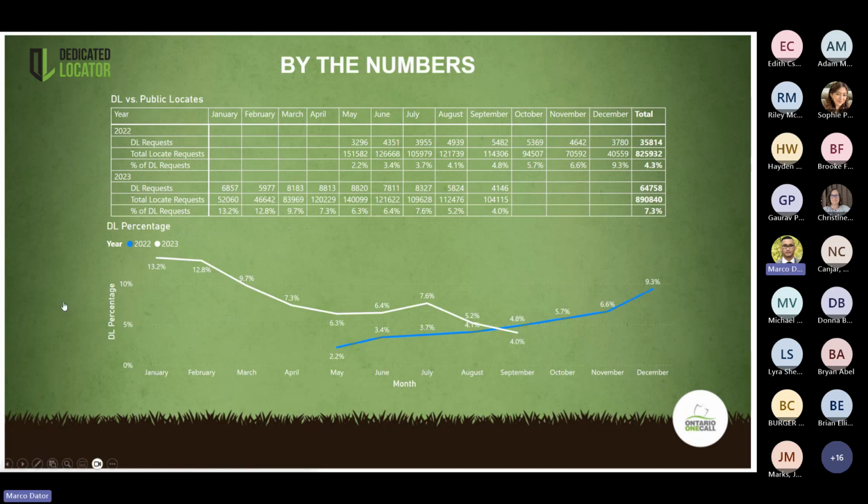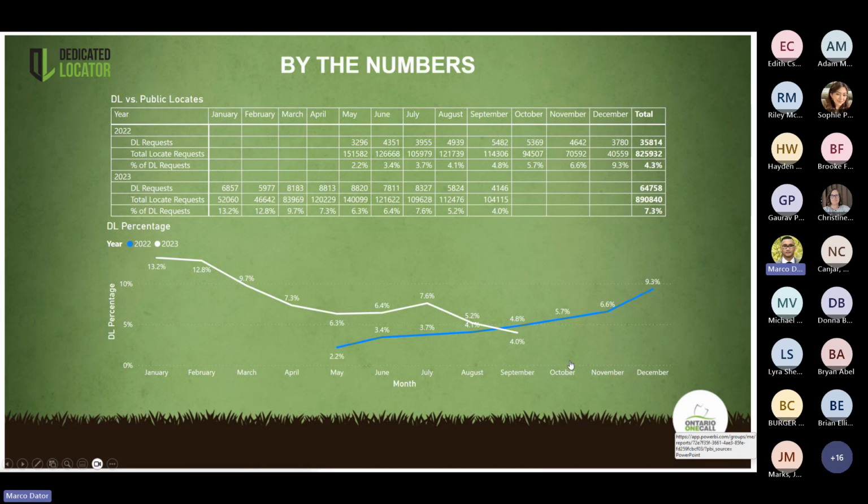Okay, by the numbers again, what we're looking at here is the percentage of DL versus public locate requests. Hand in hand with the DL number of locate requests versus the public, we're seeing that seasonal dip. So right now we're seeing a steady plateau at 4% of the total locate requests submitted.